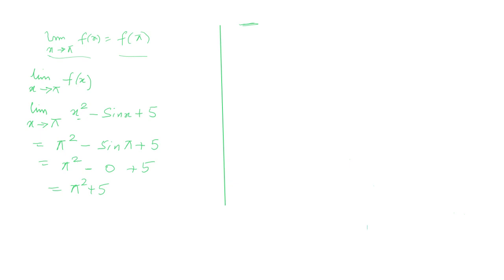What's my right hand side? F of pi. So f of pi means I need to directly substitute the value of the function as pi. So f of x is equal to x square minus sine x plus 5.